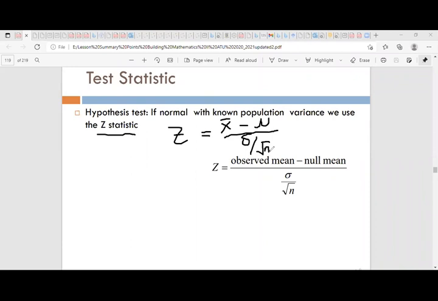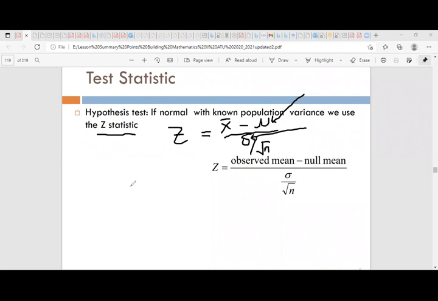However, in reality, most of the time we do not have information apart from the claim. As for the claim, the manufacturer will give you the information, but the standard deviation might not be given by the manufacturer. If it's not given, then there are two cases.